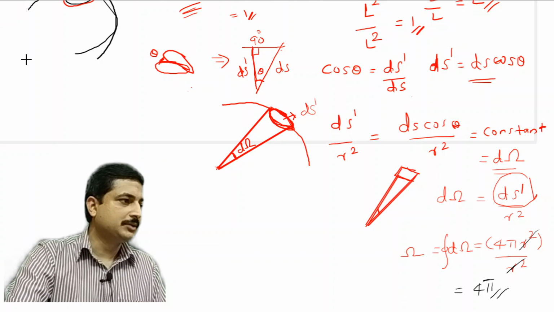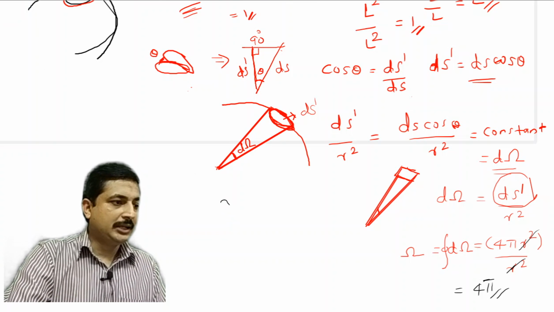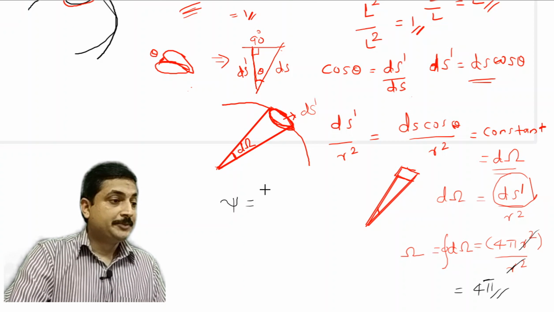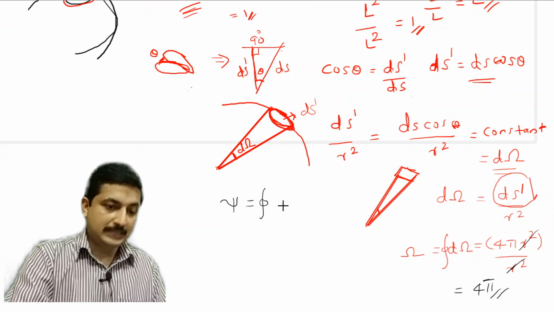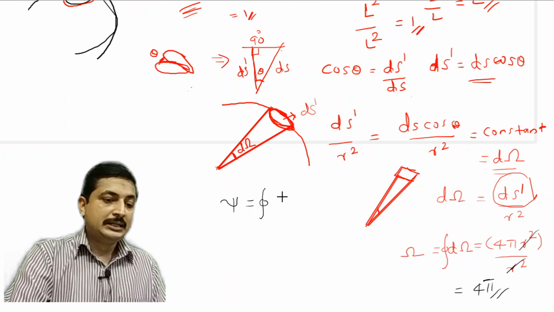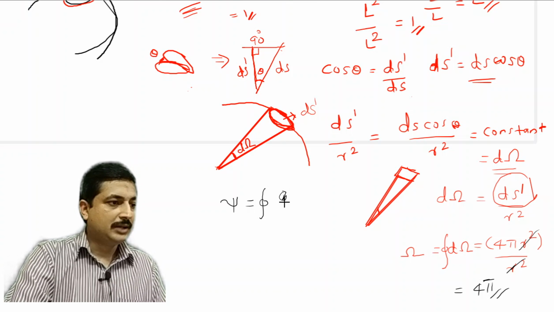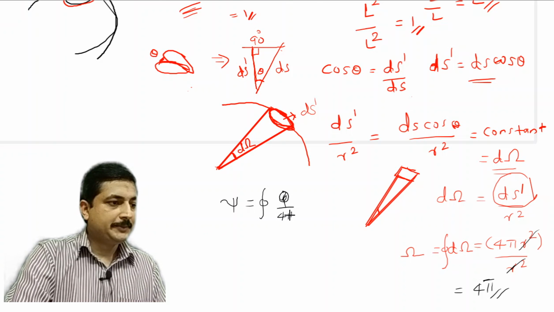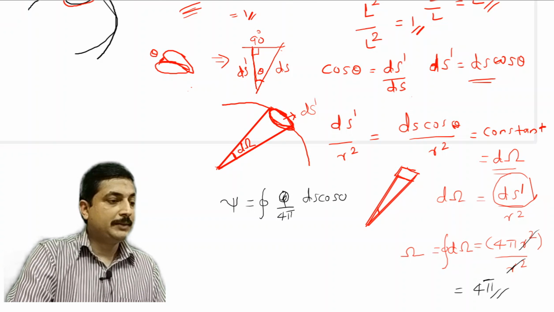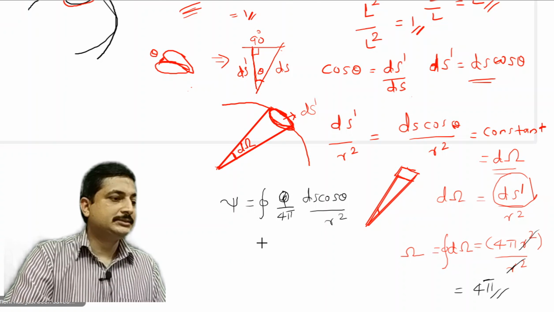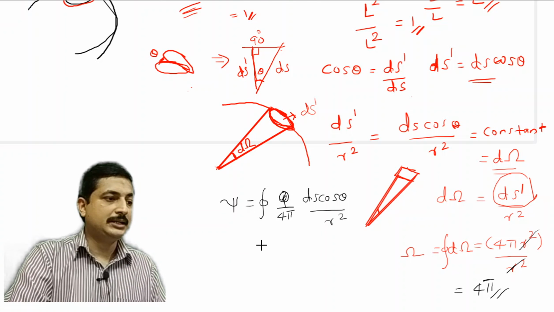We were trying to find the relation for this psi, right? Psi was the closed surface integral of ds cos theta by r square times Q by 4 pi. We find that this ds cos theta is nothing but ds dash.